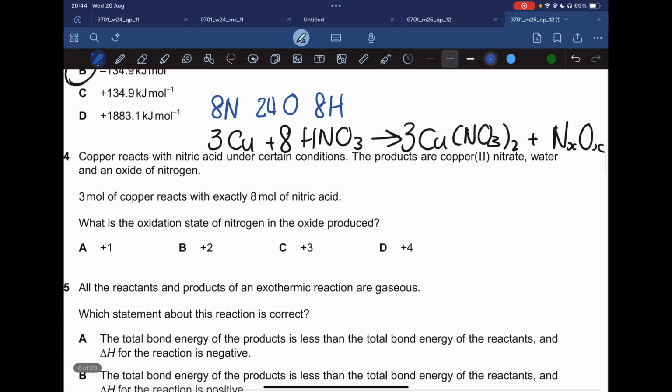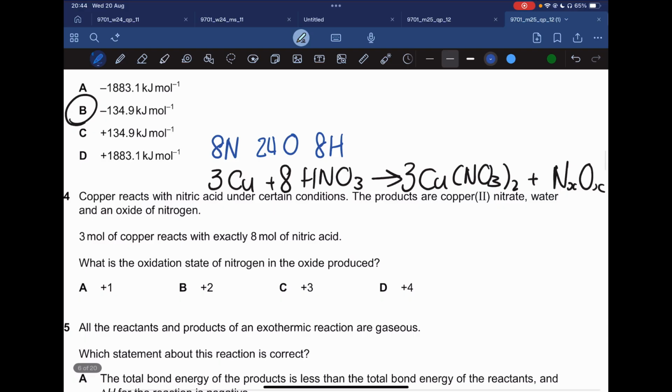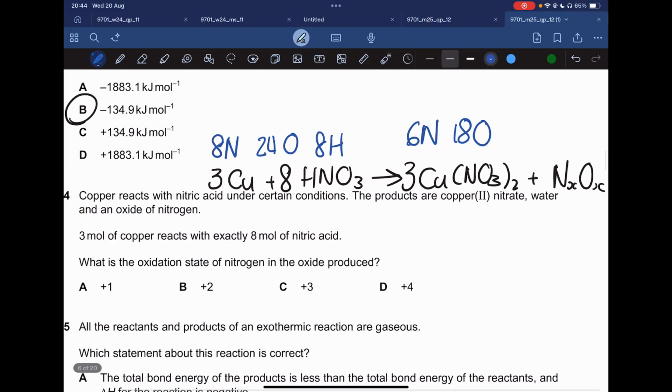On this side, if we just look at the copper nitrate, we have 6 N's, and we have 6 times 3, which is 18 O's.